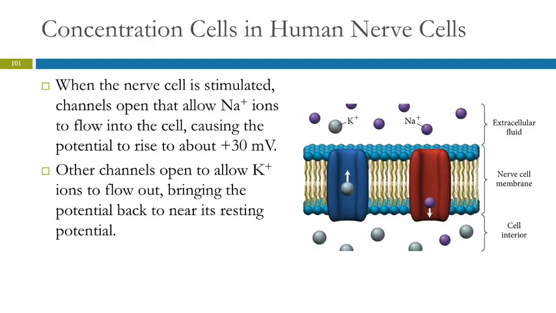When the nerve gets stimulated, channels open that allow the sodium ions to flow into the cell, and the potential goes up to about plus 30 millivolts. And then other channels open to allow potassium ions to flow out, bringing the potential back to near the resting potential of minus 70 millivolts.